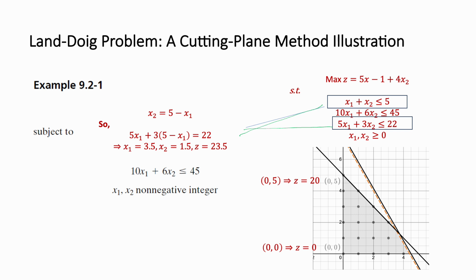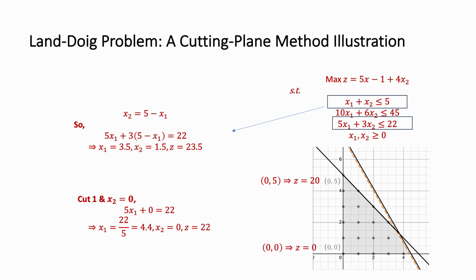From the first constraint, we have x sub 2 equals 5 minus x sub 1, and then we substitute this into the equation of cut 1, which gives us x sub 1 equals 3.5, x sub 2 equals 1.5, and z equals 23.5. So it still yields fractional values.